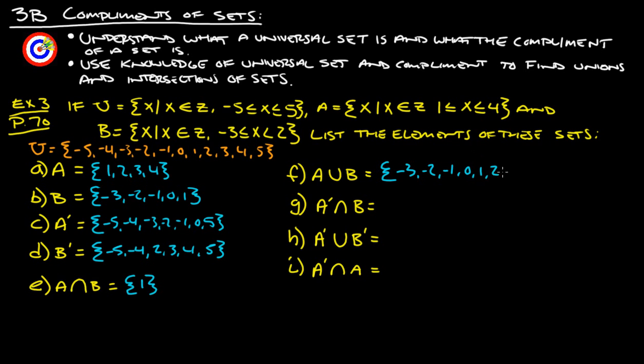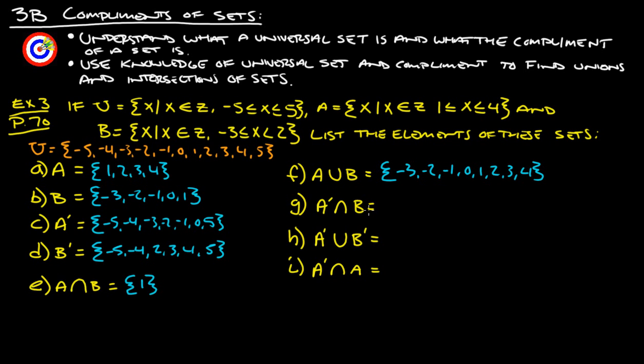That covers all of B, and then we already covered the 1, so we need 2, 3, and 4. So that's A union B. That's everything in A and B put together.